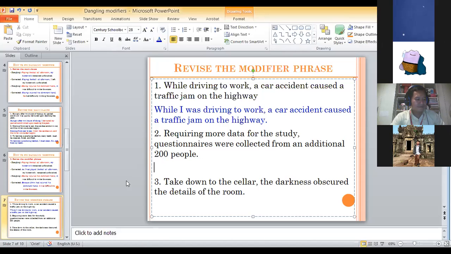As the teacher was requiring more data for the study, questionnaires were collected from an additional 200 people. Can you say that again, please, Boromay? As the teacher was requiring more data for the study.